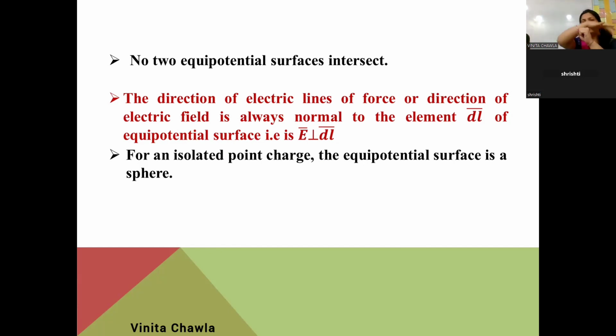It means that from this charge, all the points on the sphere are equidistant. When these points are equidistant, everywhere we have the same potential. So the collection of all those points which have the same potential forms the sphere.